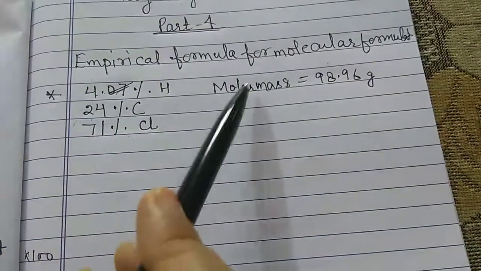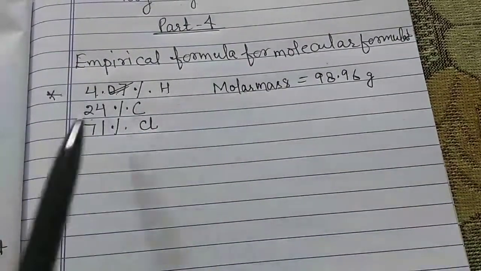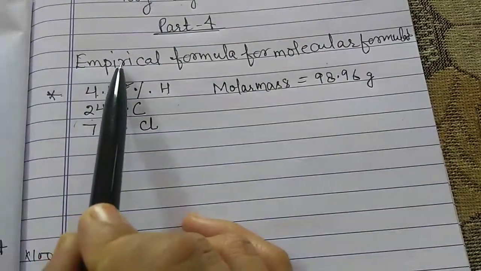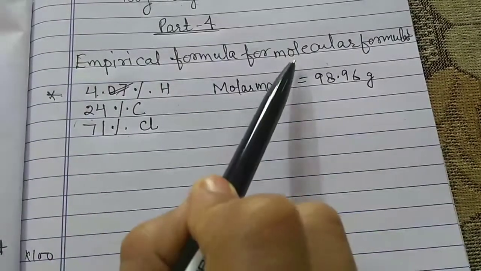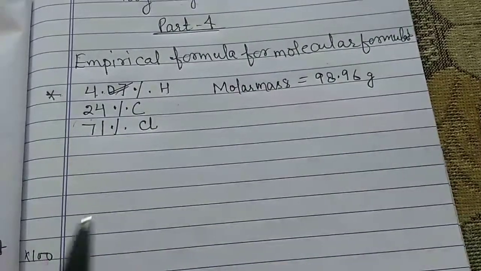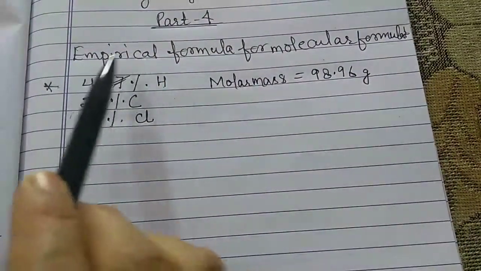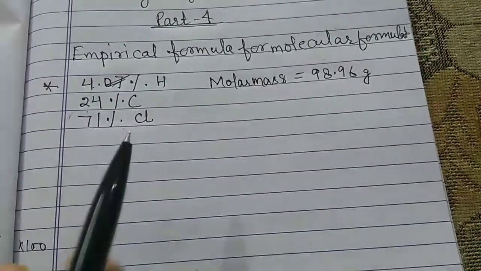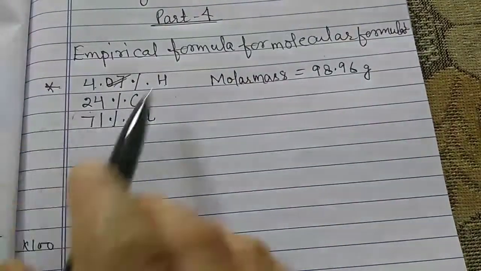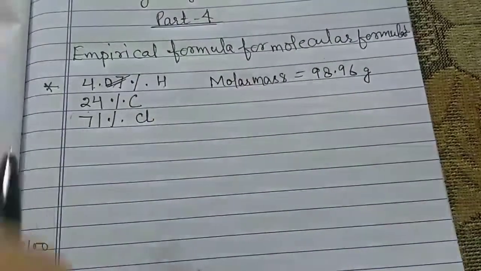So with the help of these two figures, we can easily find out the empirical formula as well as the molecular formula. This method includes various steps by which we can find out the molecular formula and the empirical formula.